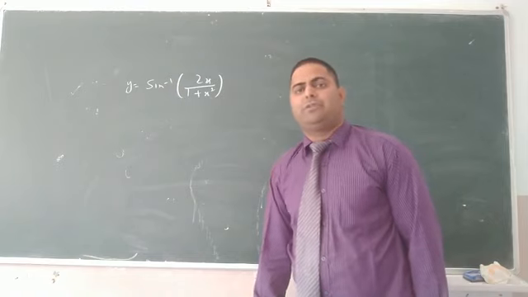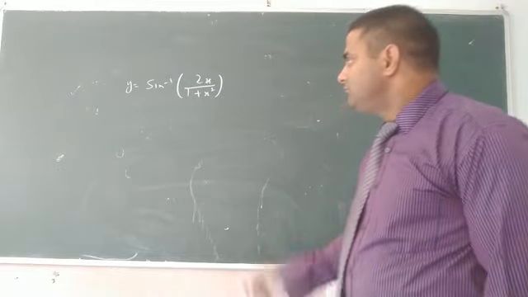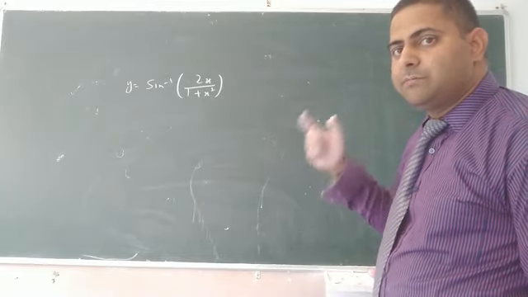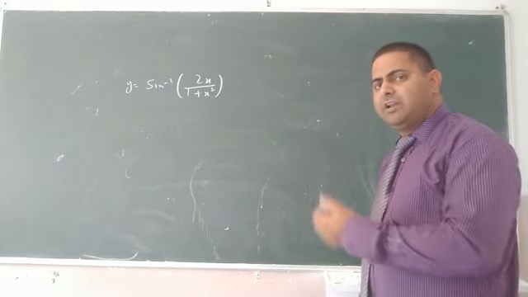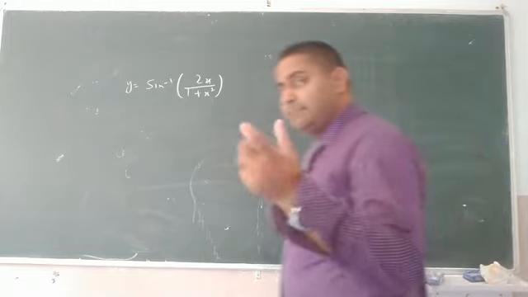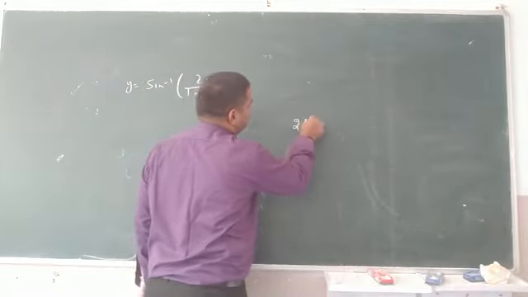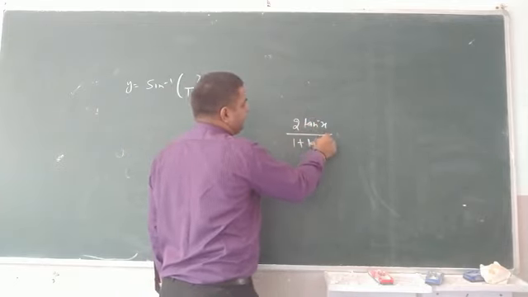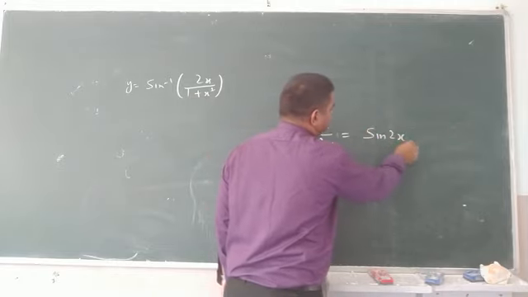Now, how will we do the differentiation? Again, think about the formula. Sine inverse 2x upon 1 plus x square. Have you done some formula regarding this? Just keep in mind that 2 tan x upon 1 plus tan square x is equal to sine 2x.